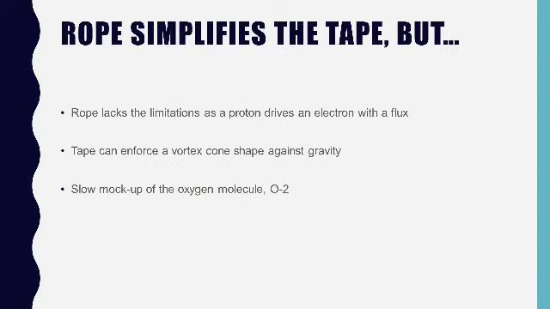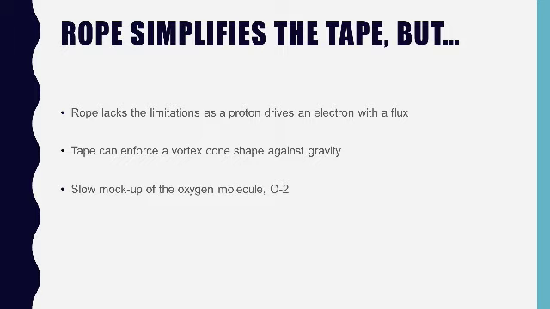And when I put together this little string or rope type of simulation, mock-up, I'm going to be then moving on to a tape that can enforce the vortex cone shape against gravity. So in other words, in an atom, they don't have gravity distorting their experiments. It's more of a vacuum situation.